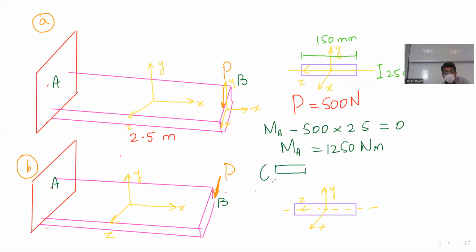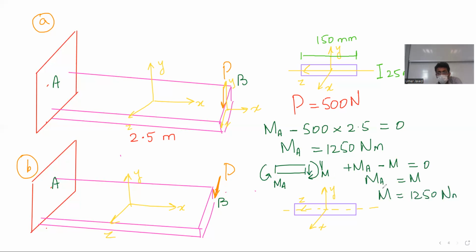My support has MA, and this is clockwise M and this is V in this direction. So I will write plus MA minus M equal to 0 and MA equal to M. So M comes out to be 1250 Newton meter.